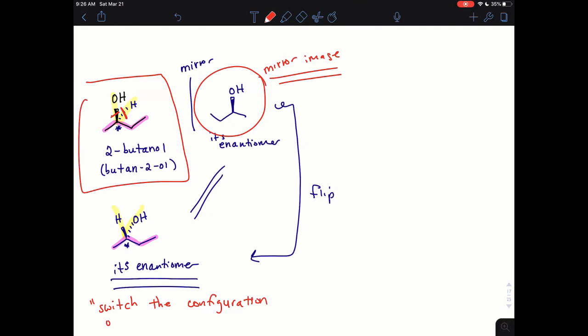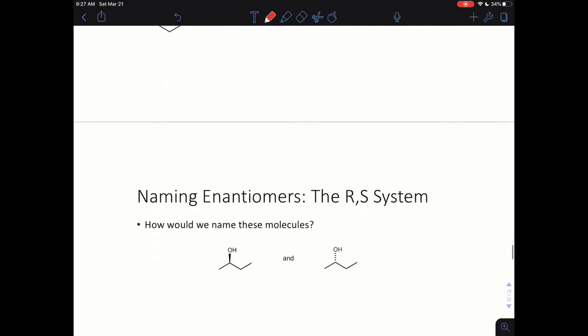And I come back to what that term configurational isomer means. It means that you had to break bonds to interconvert two things. So I'm literally doing that, right? I'm breaking these two bonds, and then I'm swapping the hydroxyl for the OH. So that's how I drew this configurational isomer. I just switched two of the groups on the stereo center.